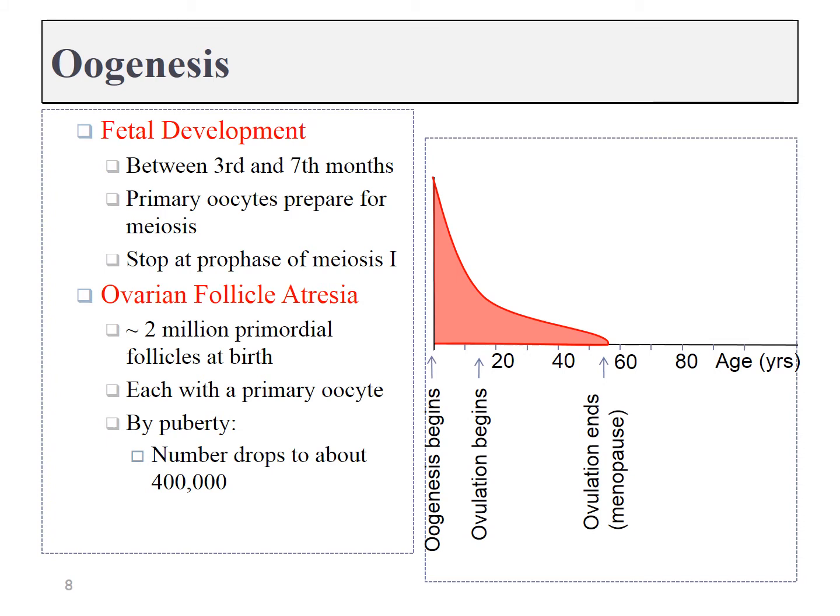Between birth and puberty, a large number of those primordial follicles, the cells that will ultimately develop into eggs, are lost. And so beginning at puberty, there's roughly 500,000 or so primordial follicles that could continue with meiosis to form eggs.